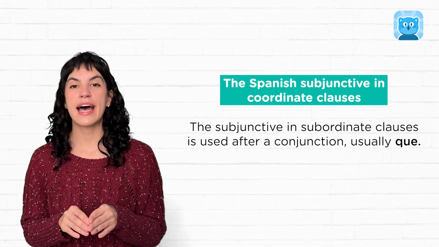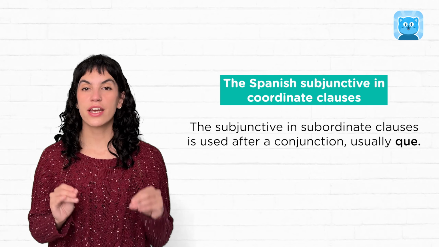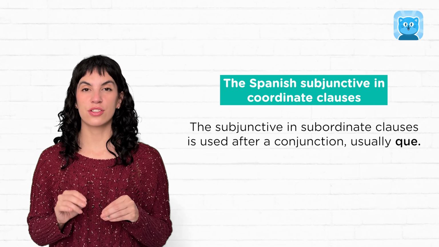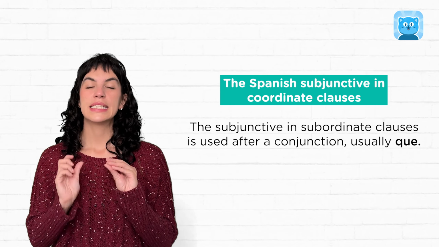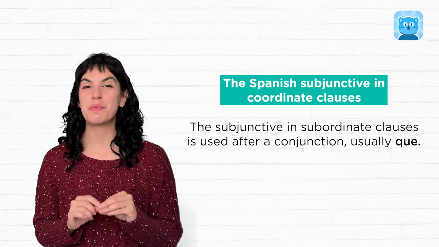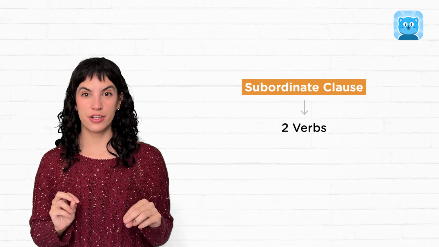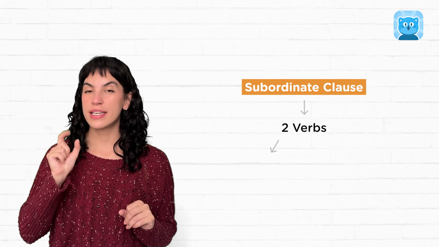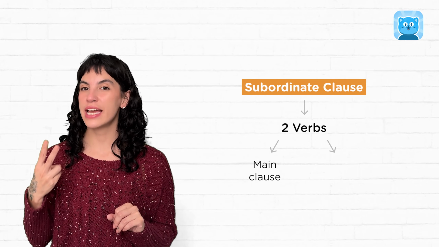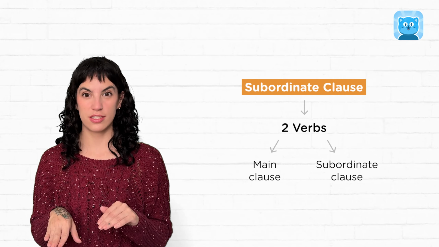So we use it after conjunctions. The conjunction that we're going to use is the conjunction que, okay? This is a little bit tricky, so I want you to pay attention, okay? Since it is a subordinate clause, we need two verbs, okay? One in the main clause and the second verb in the subordinate clause, okay?